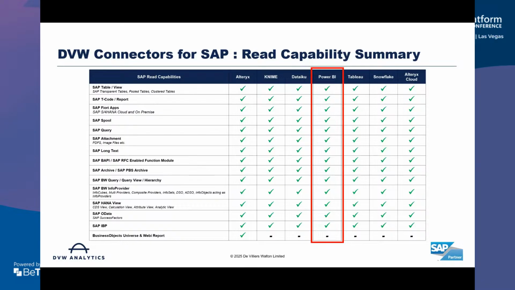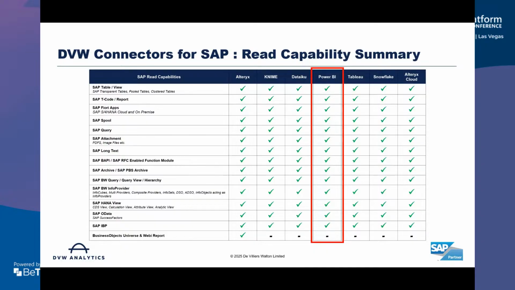Going further down, it's worth noting old BW is still around. It's maybe in its later years, maybe it's starting to disappear. But as I mentioned before, it still exists in S/4HANA. We can connect to pretty much any object in SAP.